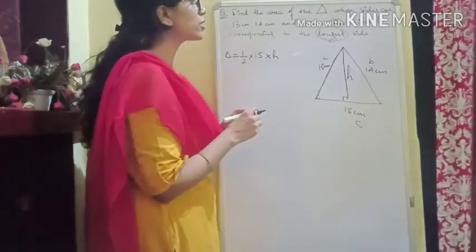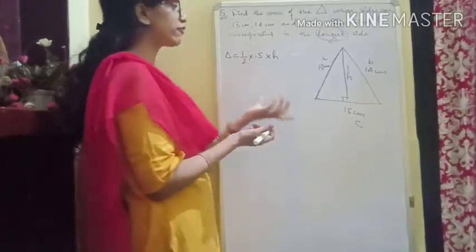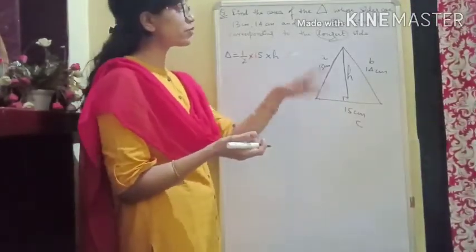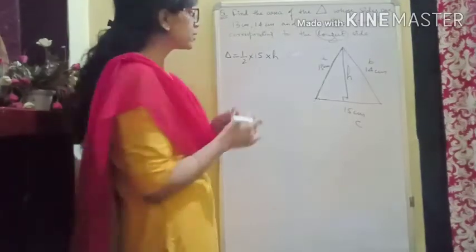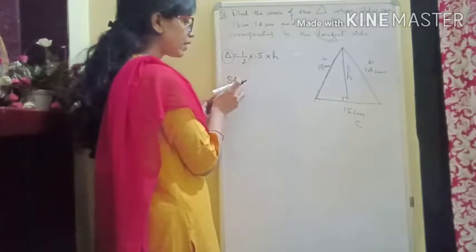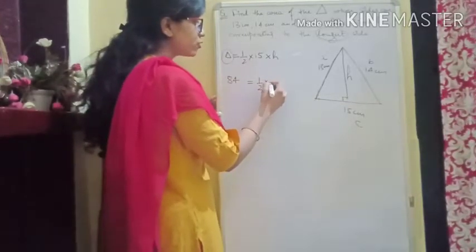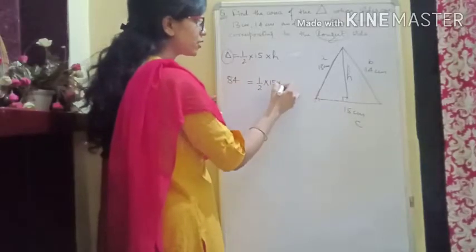Just now we have calculated the area, so whether you use Heron's formula or you use half base into height, area of the same triangle will be same only. That means just now we have calculated the area 84, so we will write the value of area 84, and here we have half into base, which is 15, and this height.